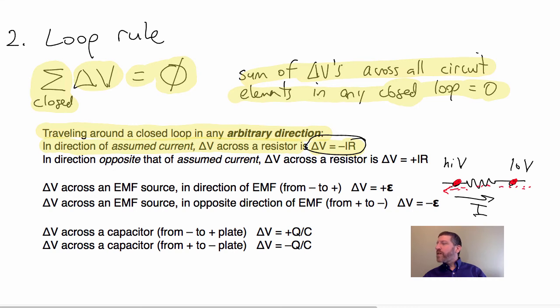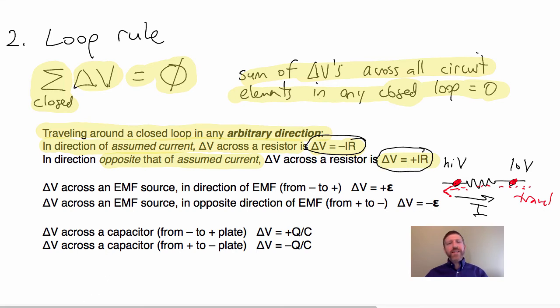If you go that way, then we are going to add IR. In other words, delta V will be positive IR if we're going opposite that of assumed current. If you are wrong about your direction of assumed current, that's fine. Your value will just come out negative and everything's going to be fine.